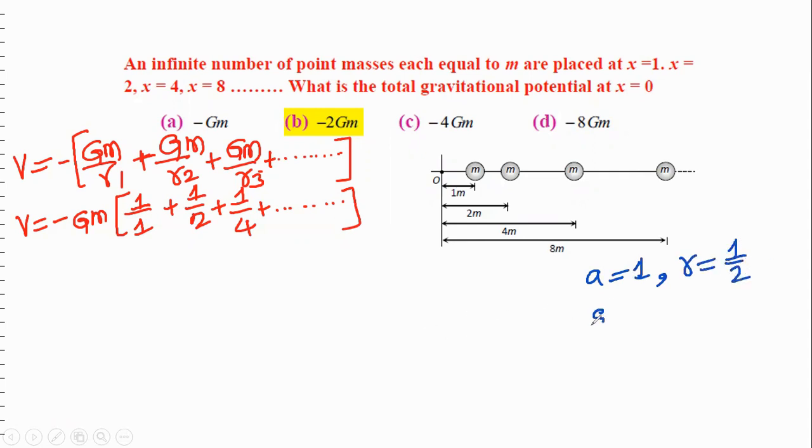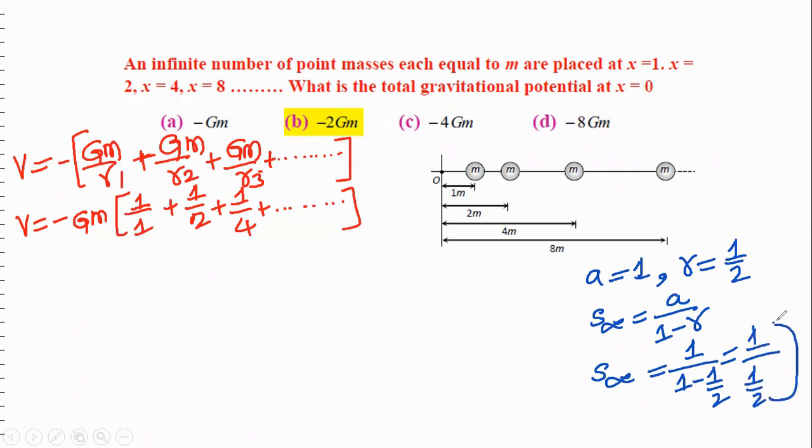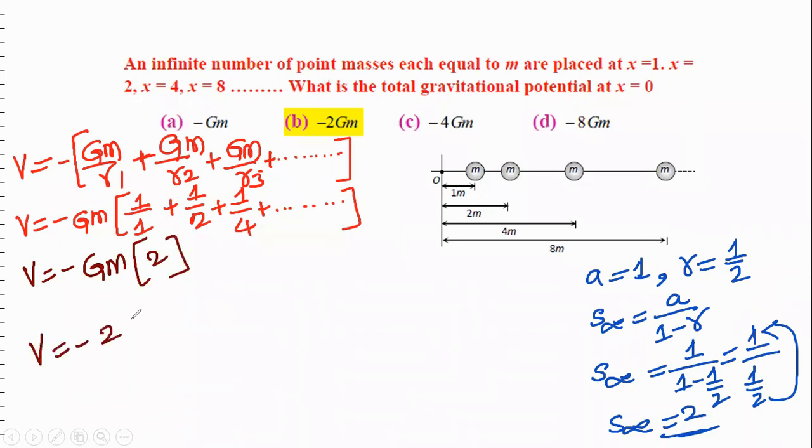Then S infinite is equal to A divided by 1 minus R. Therefore, S infinite is equal to 1 divided by 1 minus R, where R is 1 by 2. 1 minus 1 by 2 is 1 by 2. 1 divided by 1 by 2 is 2. Therefore, S infinite is equal to 2. Therefore, V is equal to minus Gm into this full term, which is equal to 2. So V is equal to minus 2Gm.